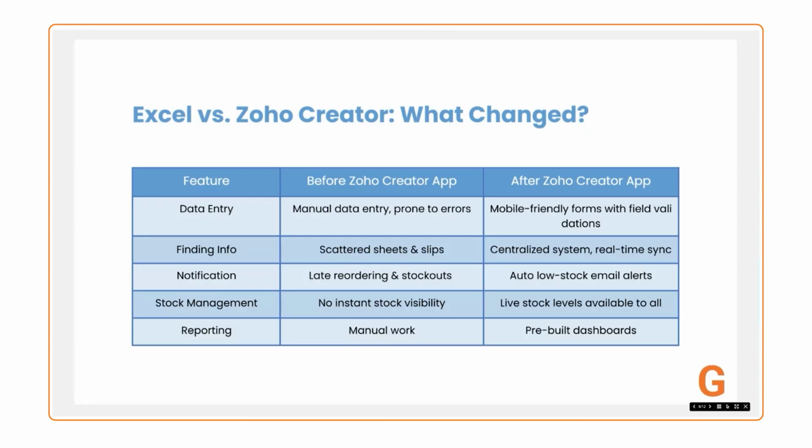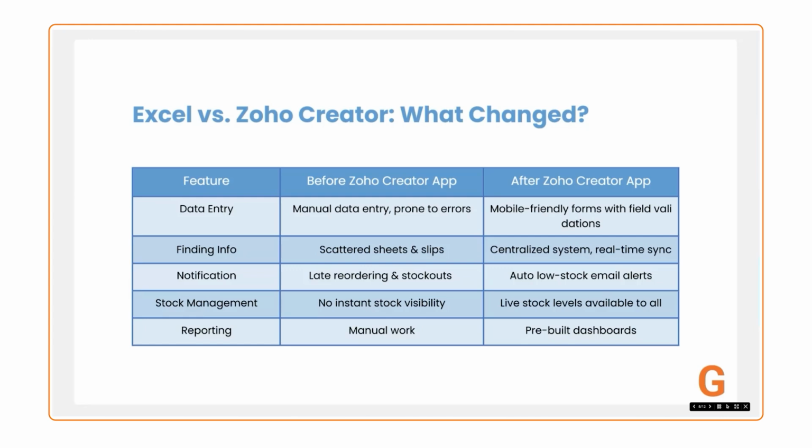When you talk about finding information with Excel, you had to jump between multiple sheets. But with the system in place, you just type, and everything is syncing in real time. You can filter, you can see data right in front of you instead of going through multiple sheets.